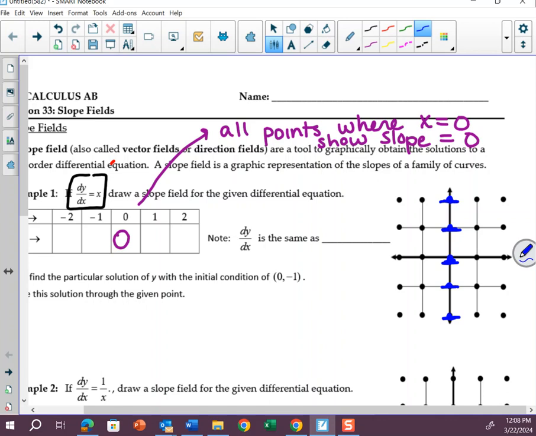And we've taken our first step in creating a slope field. Now, if we go to the next axis, all the places where x is 1, I'll draw a line with a slope of 1.